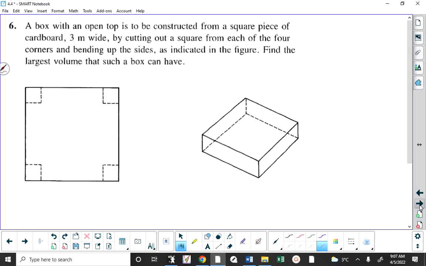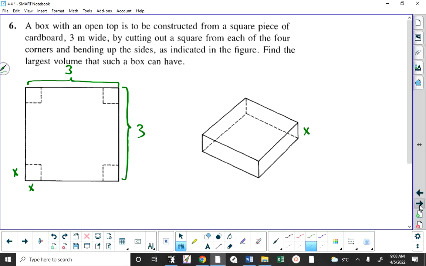But when we fold this up, if we call this distance x and this distance x, and the entire distance is 3 meters, then when we remove that x and fold up the flaps, the height of this is going to be x. You can see that with this sheet of paper, if the distance between my fingertips is x, when I fold that up, that's the height of the box.